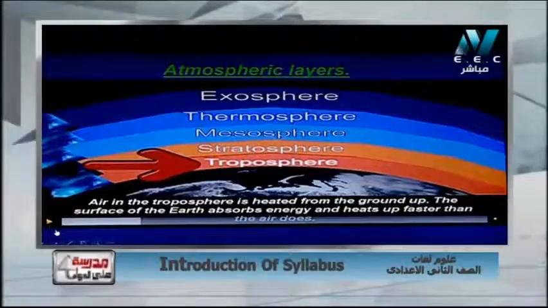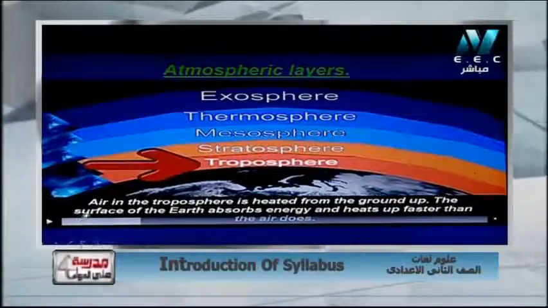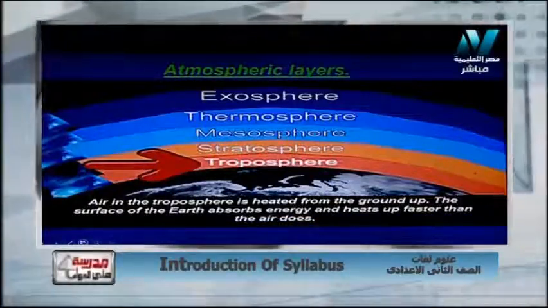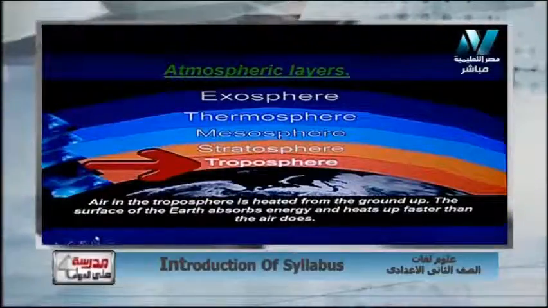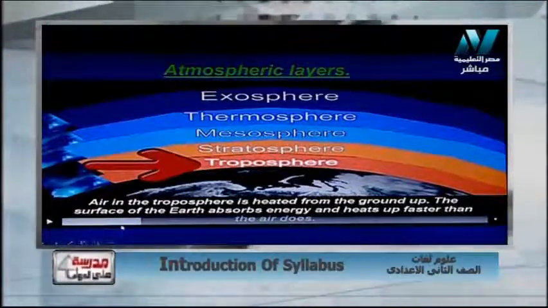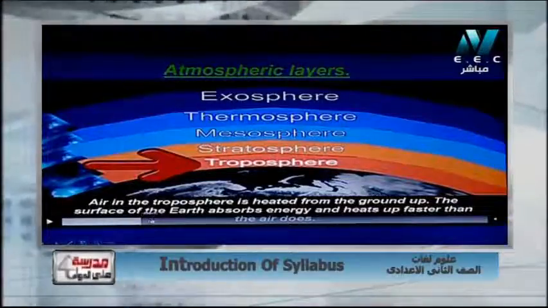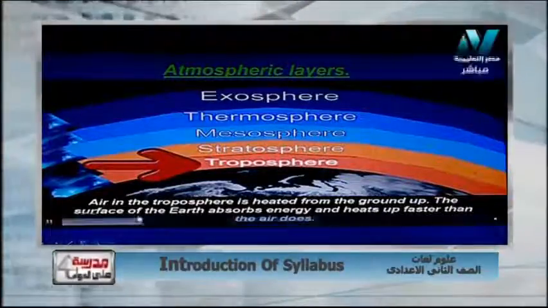The surface of the earth absorbs energy and heats up faster than air does. يبقى هنا we have a principle or fact: temperature decreases as we go upward in the troposphere.